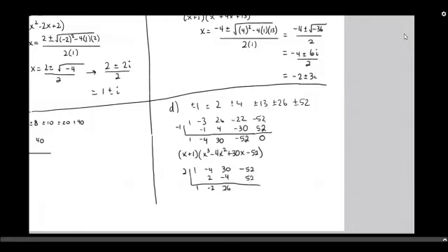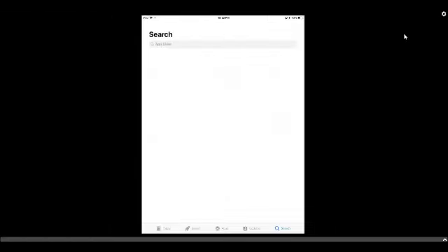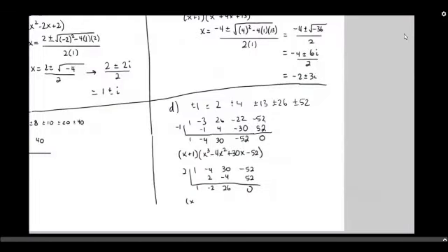All right. Let's see. So x plus 1 came from that 0.